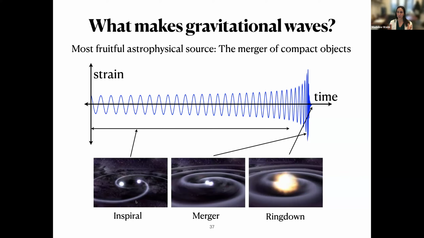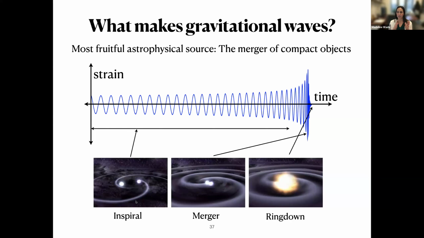What that looks like in terms of your data, in terms of the gravitational waves that would be produced, is if this is a plot showing time across the horizontal axis, and vertically, you can think of this as the strength of the gravitational wave. So you can think of this as the squishing and squashing of that ring of test particles a few minutes ago.